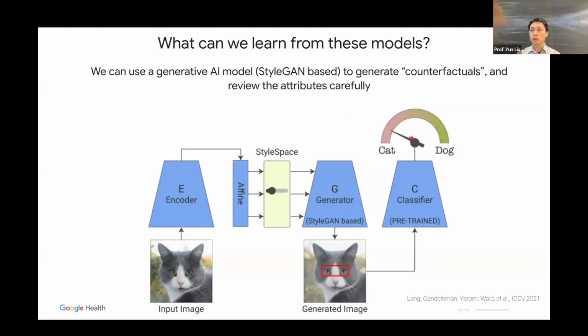So this latent information is embedded deeply in the generation process. The cross-entropy loss goes all the way back into the style space as well. The gradient actually goes all the way back into the encoder. The only thing that's frozen during the StyleGAN training process is the classifier.